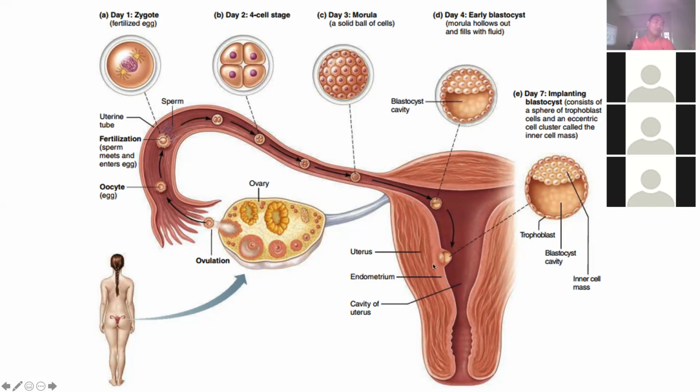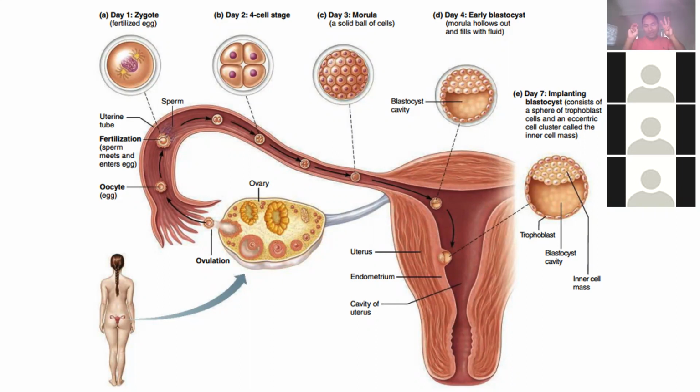That will be covered by the smooth muscle layer, which is the myometrium, M-Y-O, myo meaning muscle, myometrium. And the outermost layer, as you can see here, is around the uterus, so we will say perimetrium.